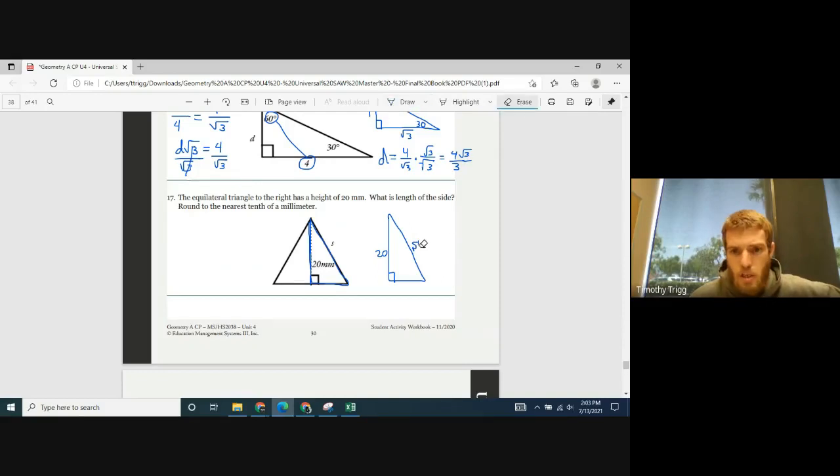Instead of S, I'm just going to use X, because my S's always end up looking like my 5s, but just know I'm talking about this S here.